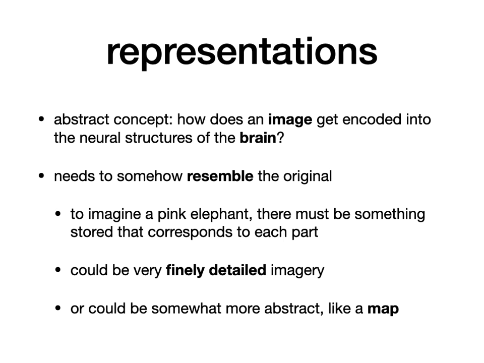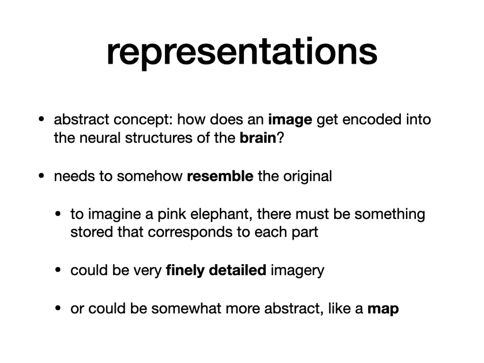So there's a few things here. A few things that would be required, right? It needs to somehow resemble the original thing, right? To imagine a pink elephant, there must be something stored that at least corresponds to each part of its body, right? It could be very finely detailed, potentially, or it could be a little bit more abstract, sort of a conceptual map of, well, I know feet come below joints.